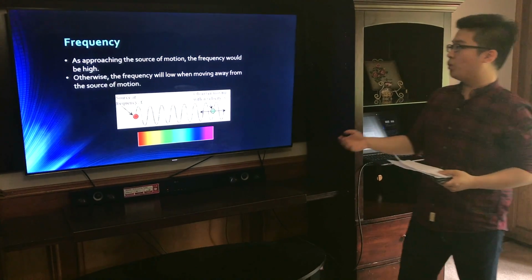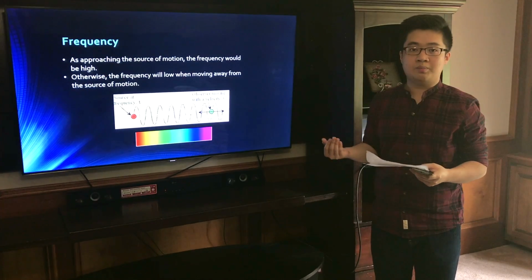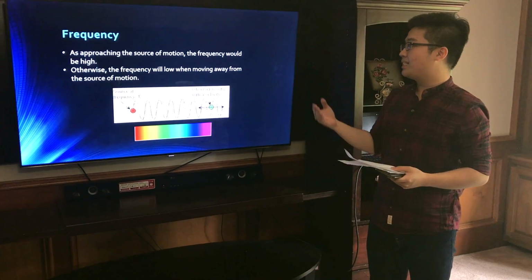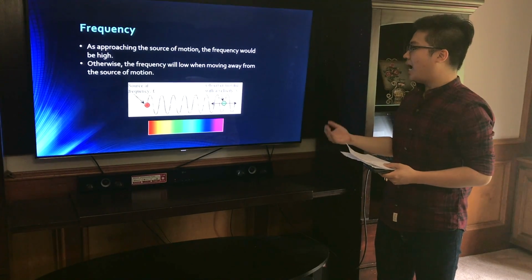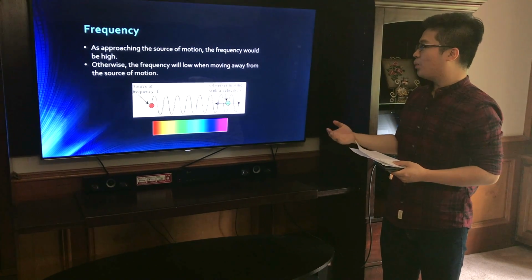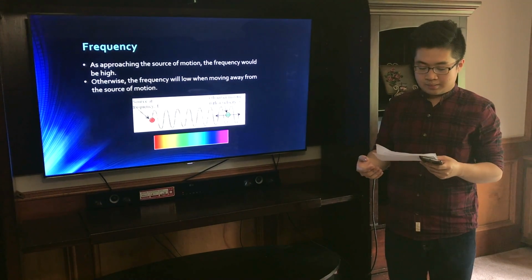And about frequency. Frequency is how often the wave travels to the observer. So as the source of motion approaches, the frequency would be high. Otherwise, the frequency will be low when moving away from the source of motion.